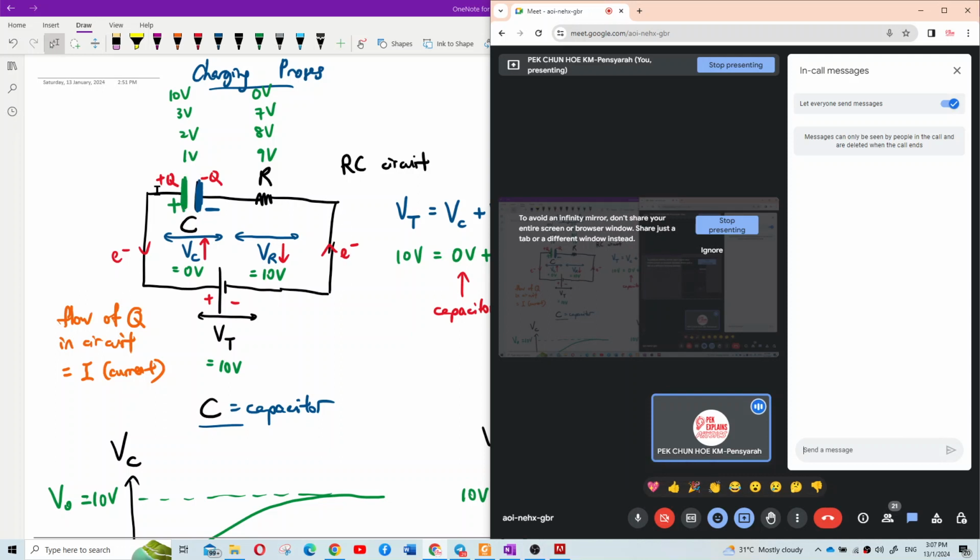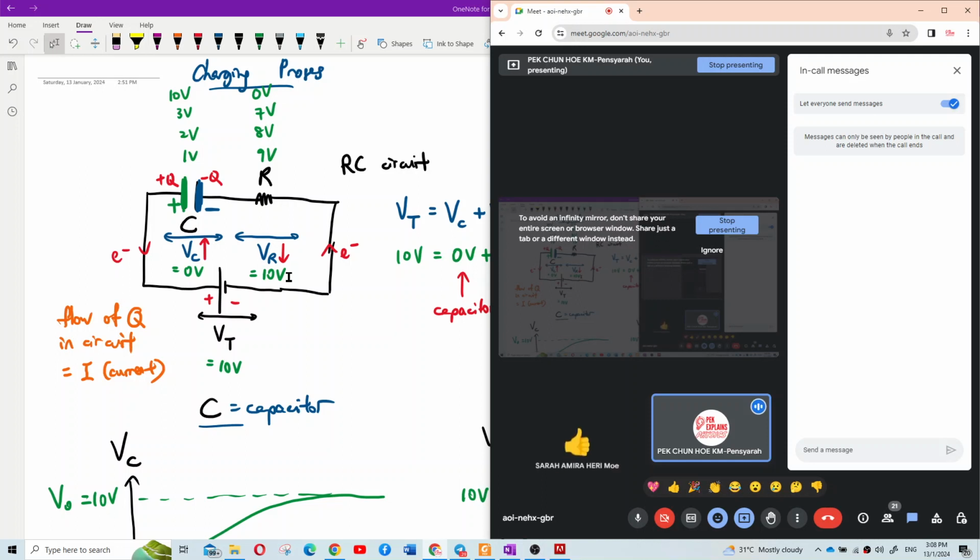So the green plate loses electrons and becomes positively charged, and the blue plate gains electrons and becomes negatively charged. That means in the circuit there is current when the charging process happens. Because there is flow of charge in the circuit, the circuit has current. There is current in this circuit. Why is there current in this circuit? Because there is a charging process, there is charge flow in the circuit, there is electron flow in the circuit. Understand, class?